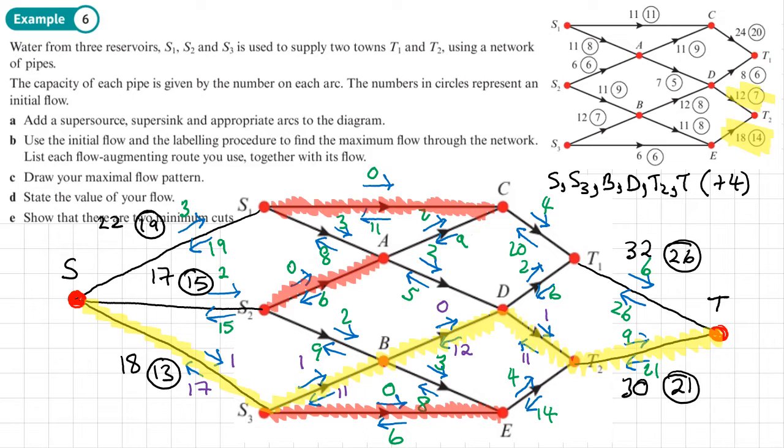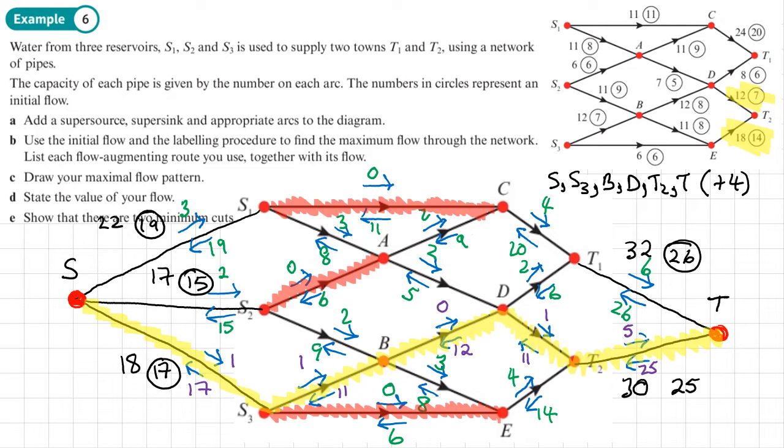And the 9 and 21 are going to become 5 and 25. So the flow along here has been increased by 4. So this 13 here now becomes 17. And the 21 here now becomes 25.